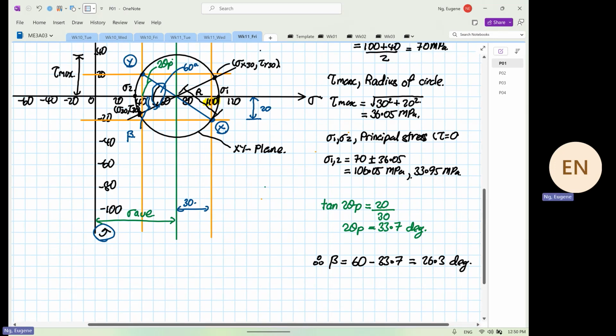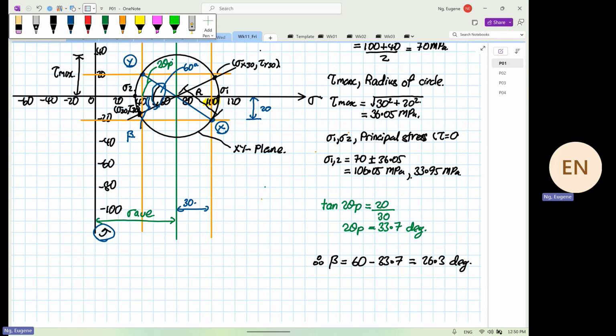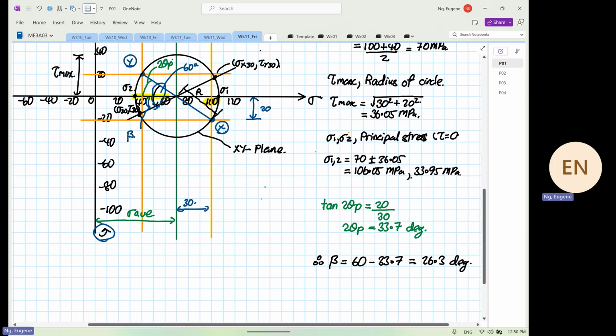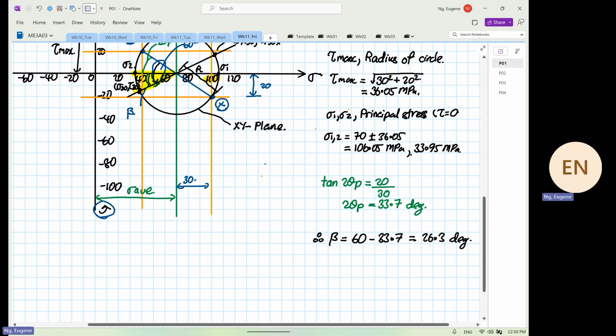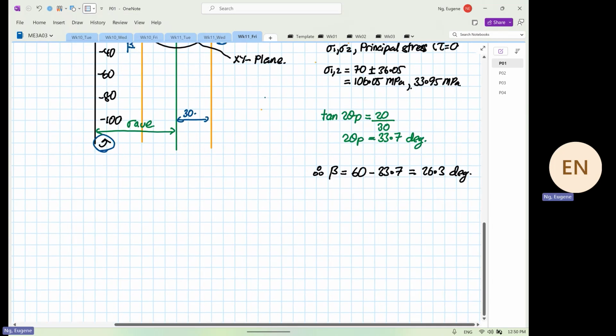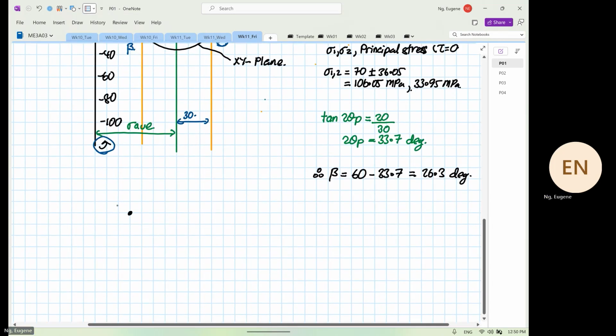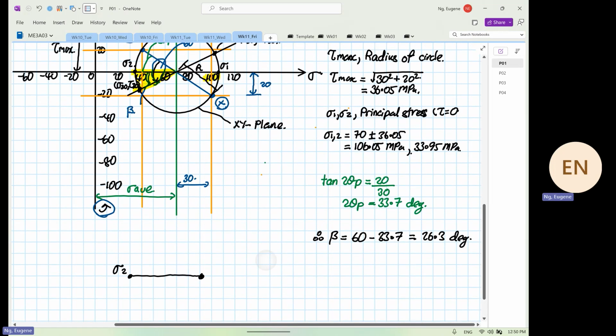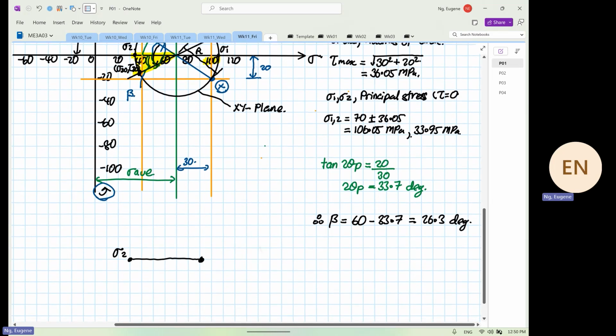So now I'm going to expand this view over here. I'm going to take this out, where I've just highlighted. So this is our stress circle. We found our center of circle somewhere around here, and this value happened to be 70 and 0.